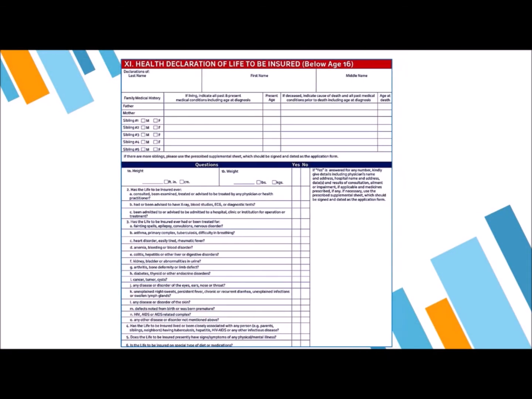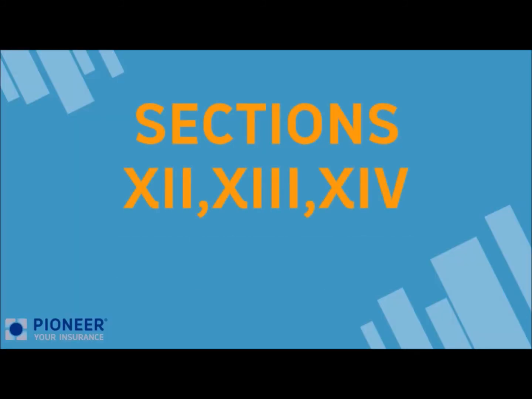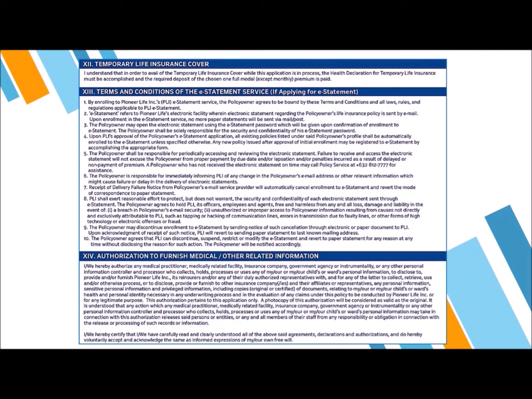This part is only to be accomplished if insured is below 16 years old. If not, then just write NA. Please make sure that the client has read and understood sections 12, 13, and 14 prior to proceeding to the signature section.